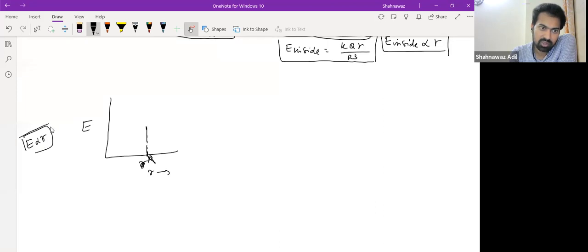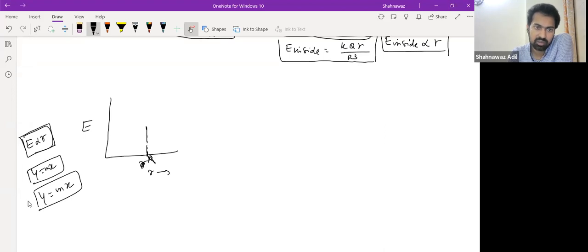So this is the equation of a what? y equals mx. What is this equation? Tarif, what is this equation? Straight line. So the graph would be this. This is E varies as r, and this is inside.